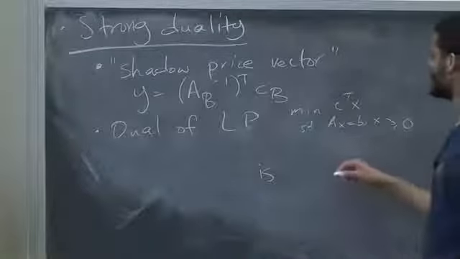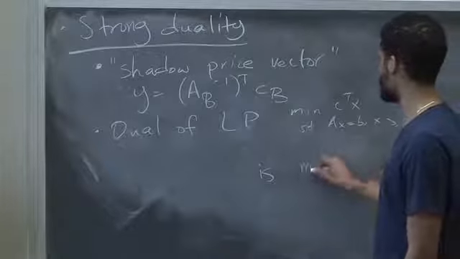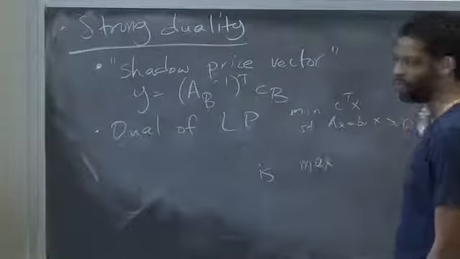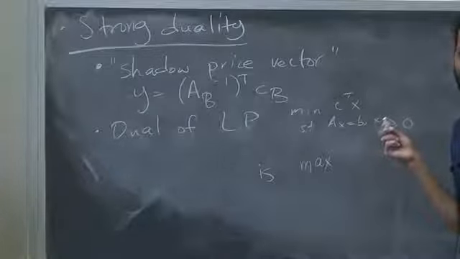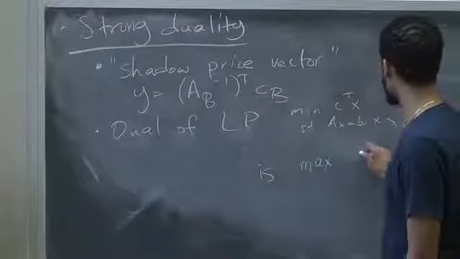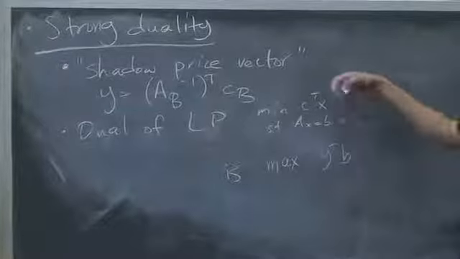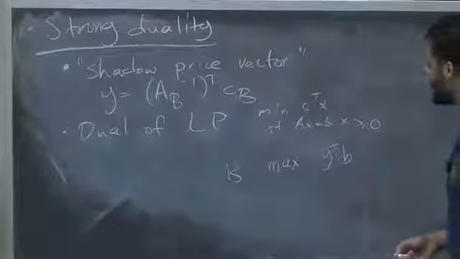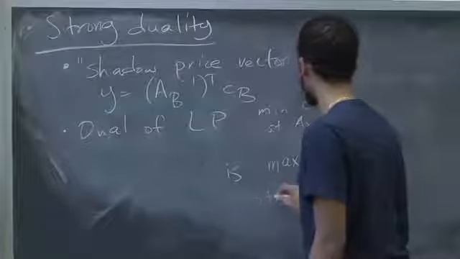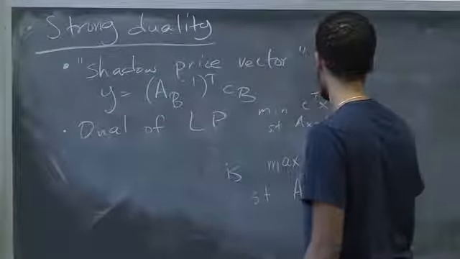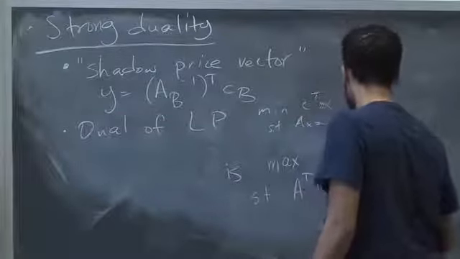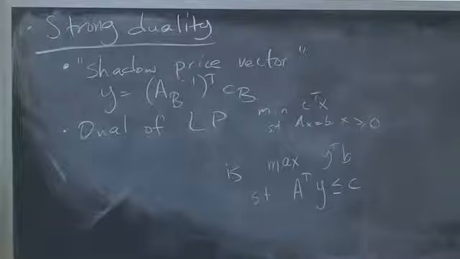Okay, so first, I'm not going to min, I'm going to max. What am I going to max? Yeah, Y transpose B, right? So the right-hand side becomes the objective, and such that A transpose Y is at most C. Okay, so that's the dual.